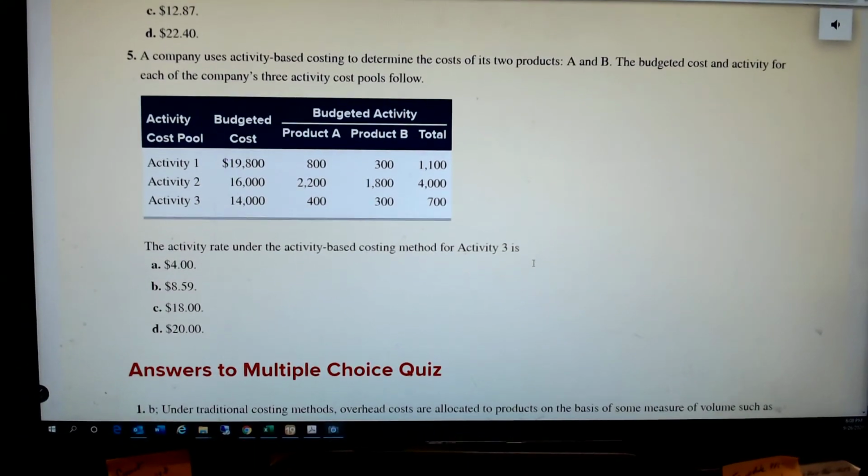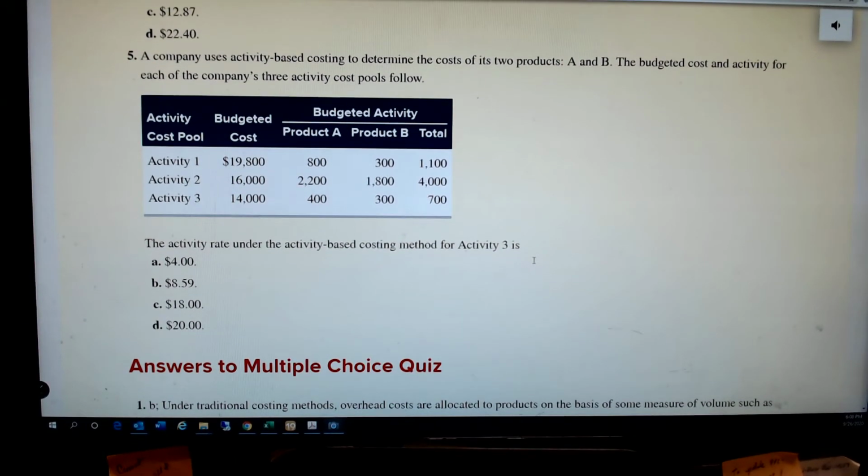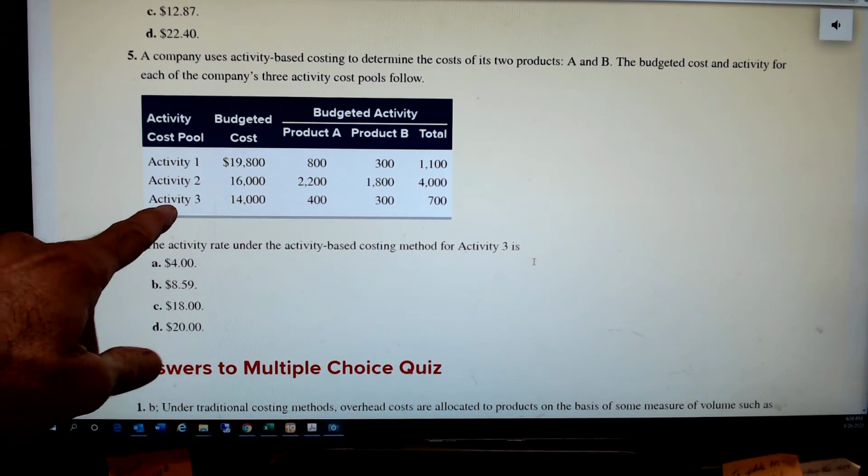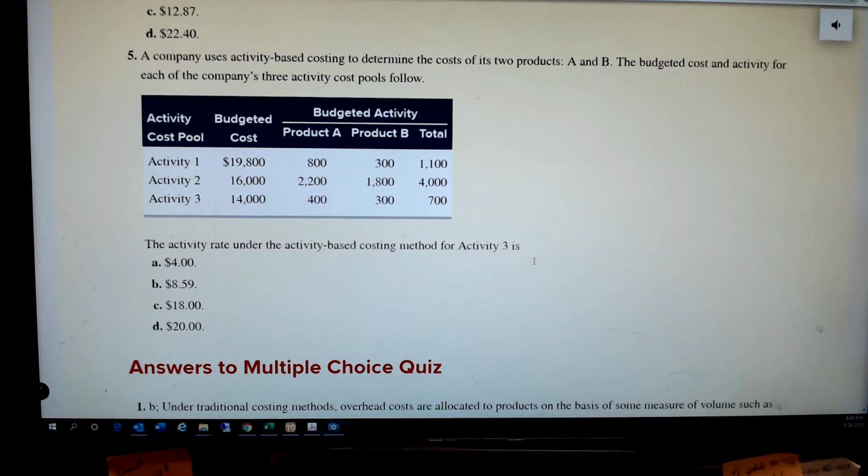How about this? 5. A company uses activity-based costing to determine costs of its 2 products, A and B. So it's got 3 activities, 2 products. The budgeted cost and activity for each of the 3 cost activities are as follows. The activity rate under activity-based costing for activity 3.